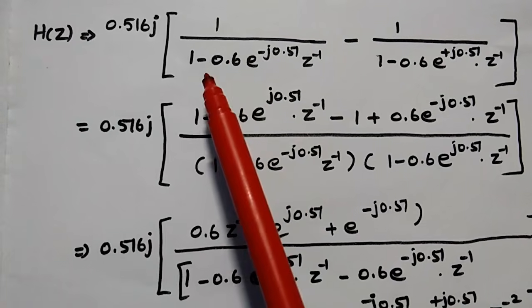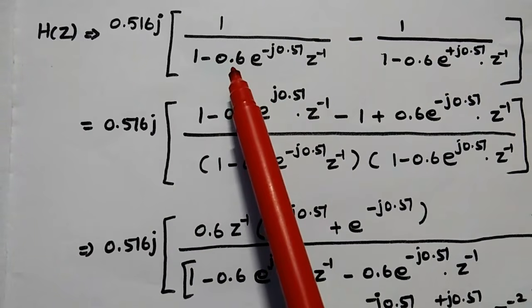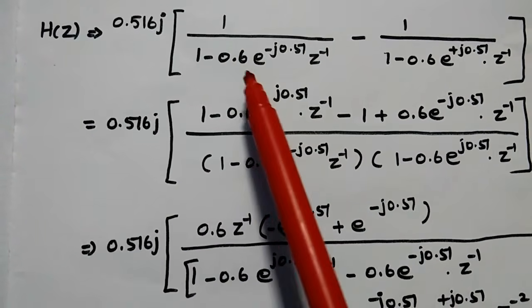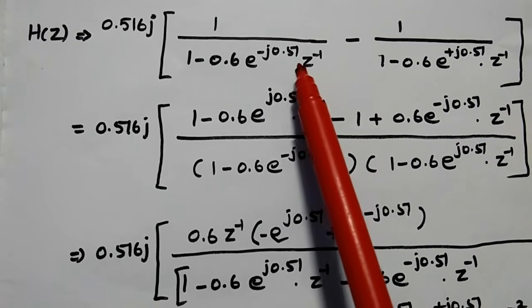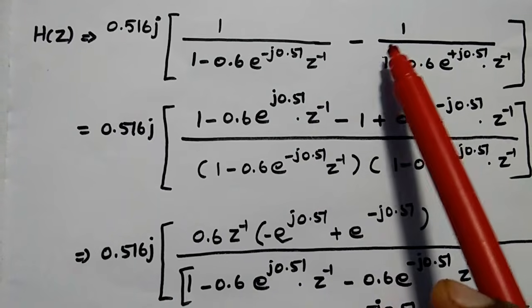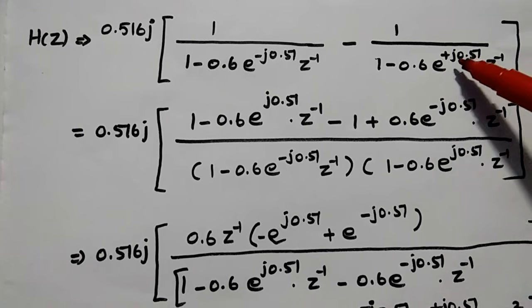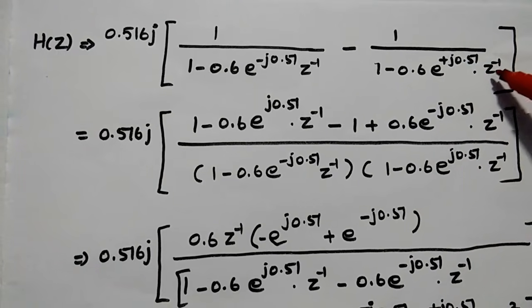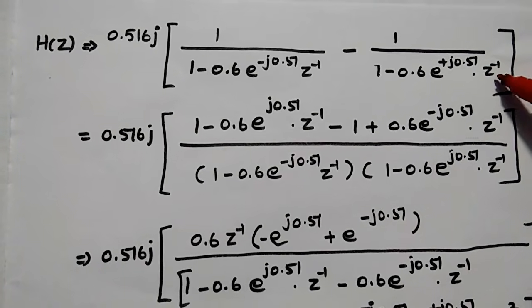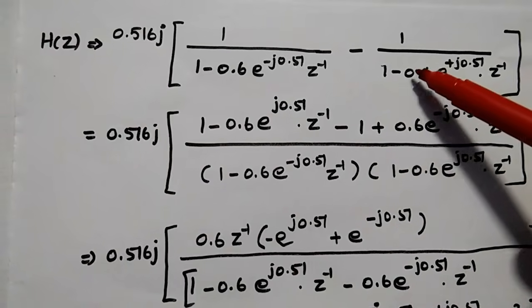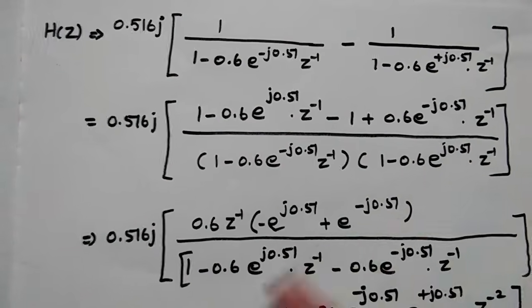can write 1 divided by 1 minus e power minus 0.51, value is 0.6, e power minus j 0.51 z power minus 1, minus 1 divided by 1 minus 0.6 e power plus j 0.51 into z power minus 1. Then we can simplify this term by taking the LCM here.